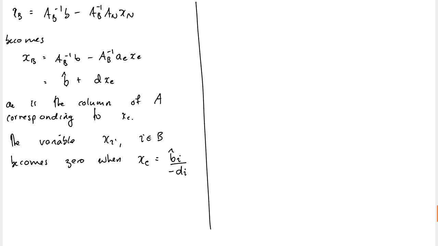So we just solve b hat i plus di xe equals 0 for xe, which gives us b hat i over negative di. If we compute this xe for all of the different entries, we're looking for the smallest one, because if we increase it any further than that, we're going to violate that first constraint. So we're interested in the first basic variable to reach 0.